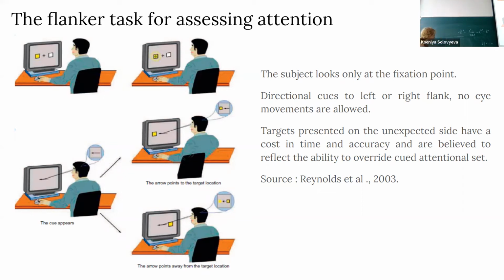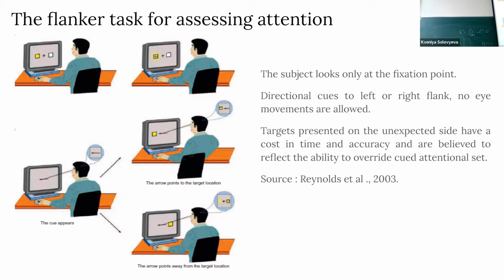And after that, they will have some stimulus on the right or on the left. If they have some task, for example, they should press the button if they have the stimulus on the right, so the right button, and the left button if they got the stimulus on the left.